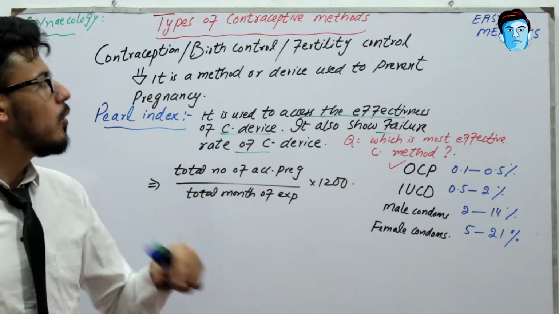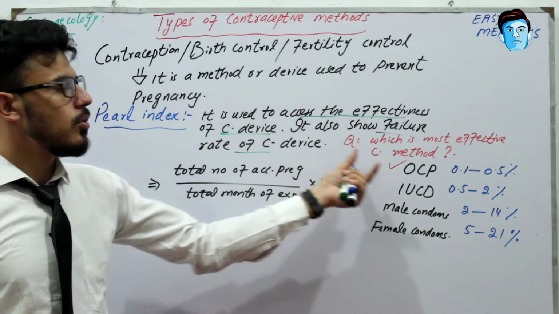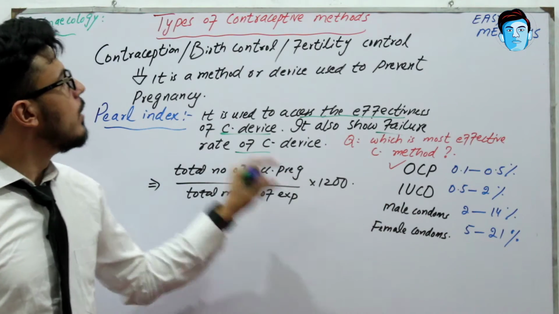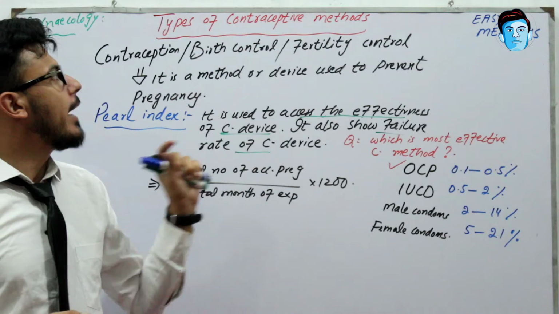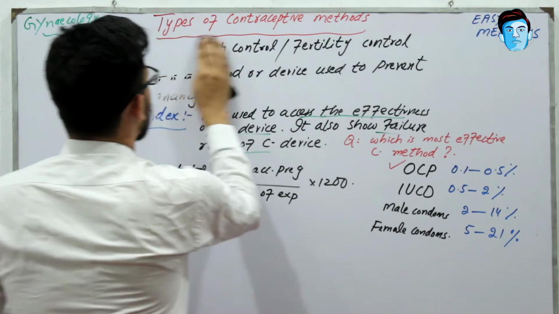So this is a general overview of what contraception is, what the Pearl index is, and which is the most effective contraceptive method. Now let's discuss the main types of contraceptive methods.